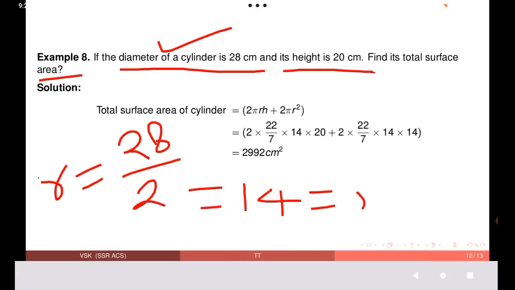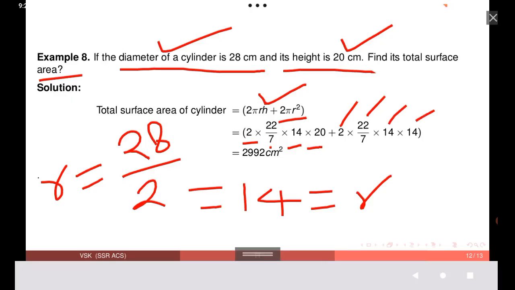So the value of r will be 14, and once we know the value of r, we can put this value in this formula. So 2 into 22 by 7, value of r is 14, the height is given as 20, which is written over here. Then 2 pi r square, that is 2 into 22 by 7 into r square, means 14 into 14, and using calculator you can find this value very easily.